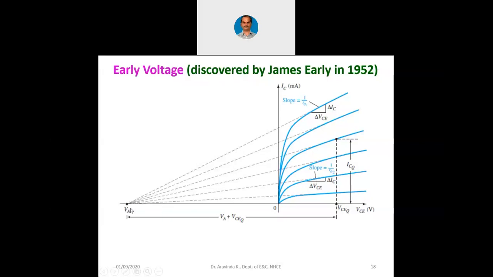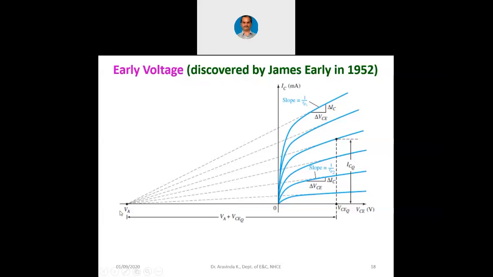This is what James Early discovered. That means even though the transistor is working at different base currents, and even though all these output curves have different slopes, all the slopes can be joined by straight lines, and to be truly precise, all these lines are going to join at a point called VA.